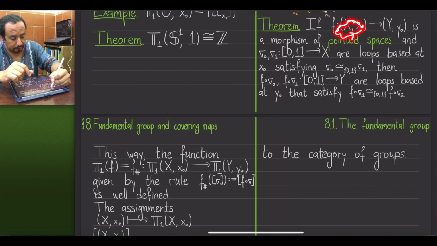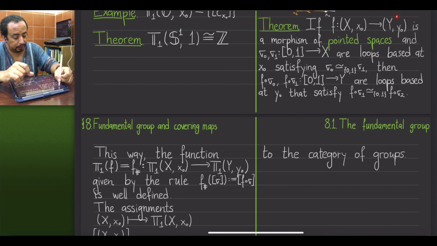So I can apply the function to the loop, and I obtain some curve here, which would be f composed with sigma naught and f composed with sigma 1, which would be the curves I obtain.